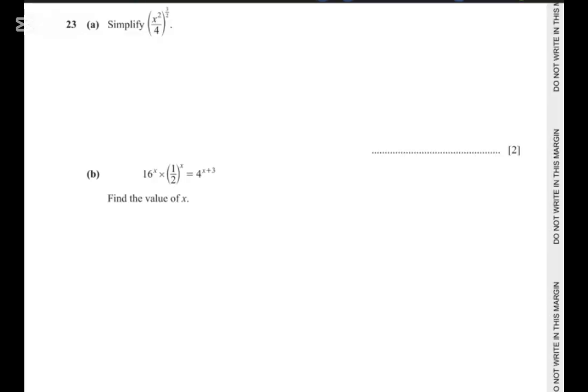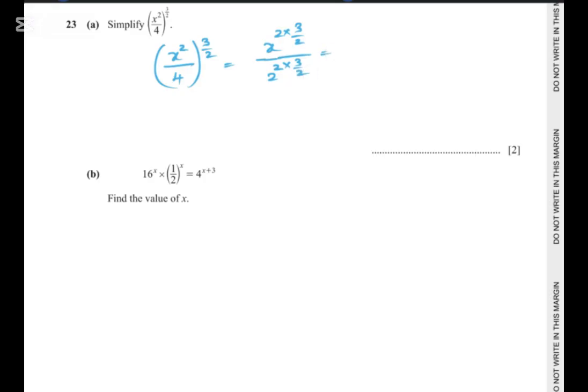Question number 23. Simplify (x square by 4) whole raised to 3 by 2. So here this is simplification. So (x square by 4) whole raised to 3 by 2 will be x raised to 2 into 3 by 2, and 4 also can be written as 2 square, so 2 square into 3 by 2.